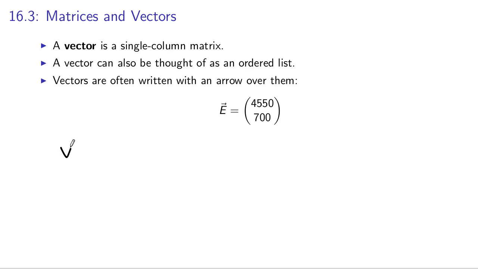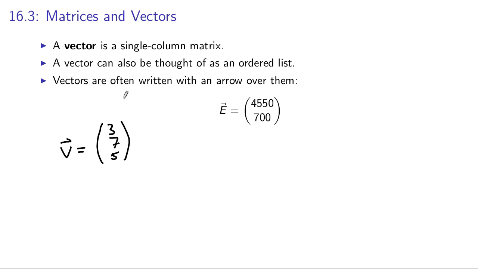You could also have a vector v, and we can make it 3, 7, and 5. These entries generally represent some ordered item or perhaps even a coordinate like x, y, and z. So that's basically what a vector is.